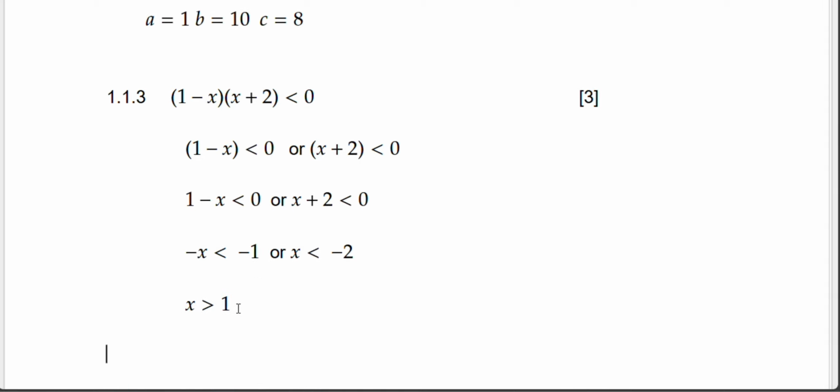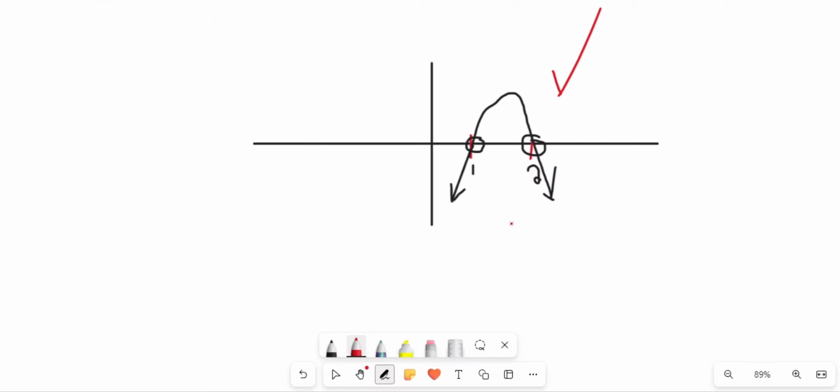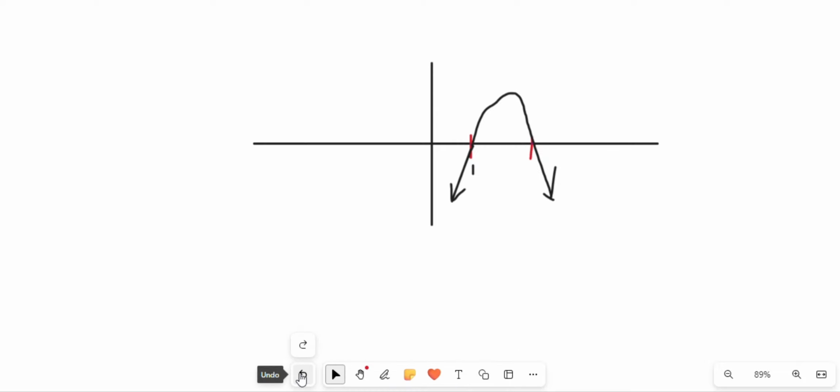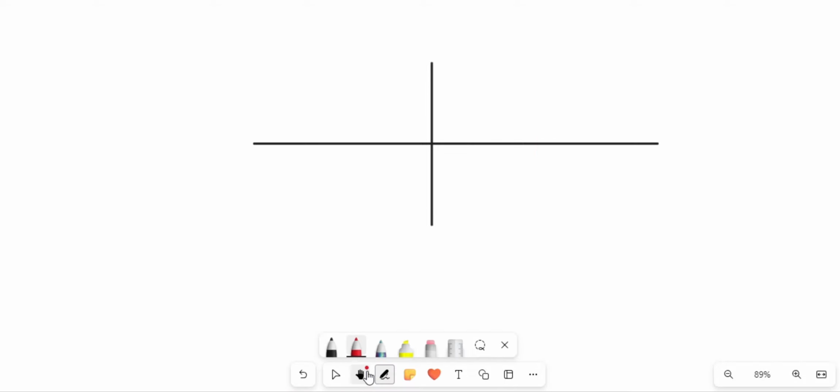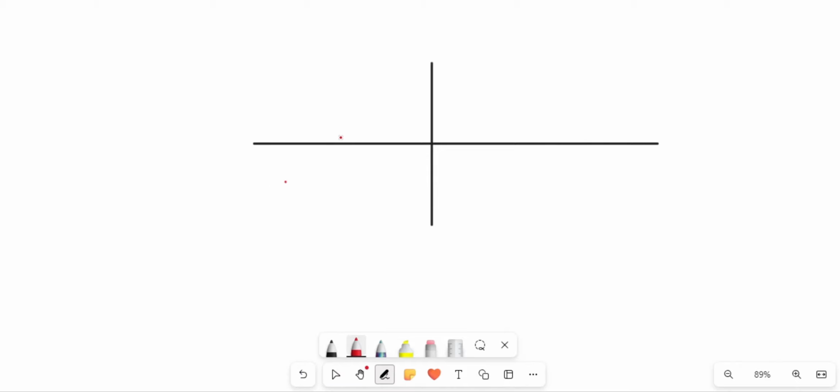This thing, we can represent it in a graph. So I don't have a proper thing to write, but I think I will use this whiteboard. So okay, let me erase this. So since there is -2, it's -2 and 1. Okay. -2, it's here, and then 1 is here.